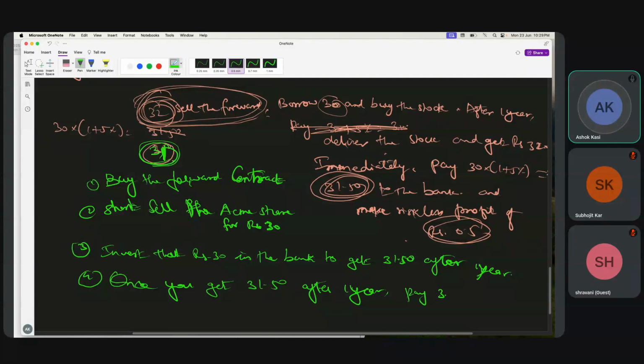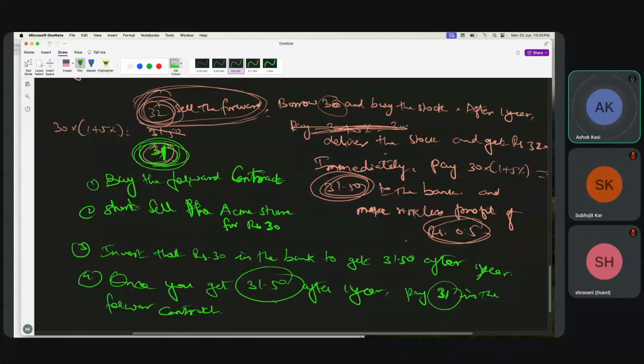Once you get 31.50 after 1 year, pay 31, because here you have agreed to buy, pay 31 in the forward contract. So you are getting 31.5 and you are going to pay only 31, right?